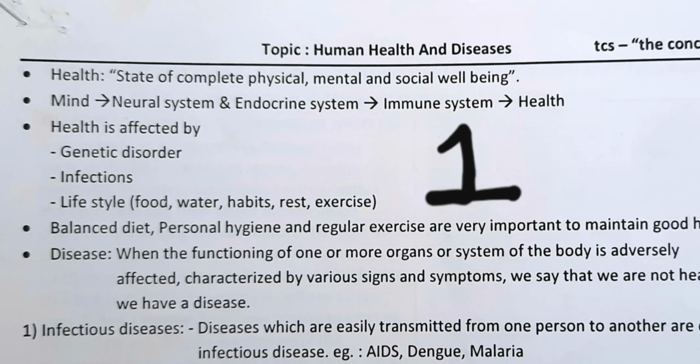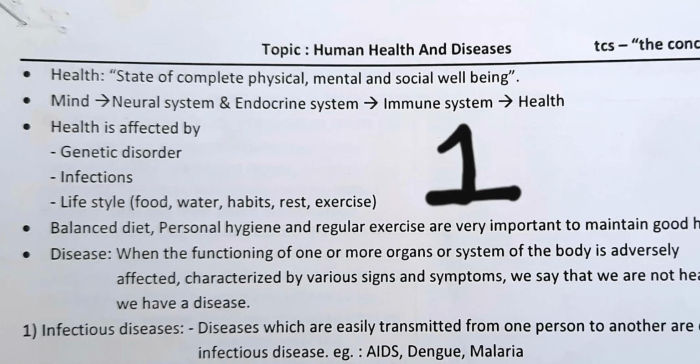Infections, a term which is most important these days: the transmission of viruses like corona and others from one person to another, and how careful we have to be. How cautious we are supposed to be: wearing a mask, keeping sanitizers with ourselves, maintaining distance between individuals, not going to congested public places.